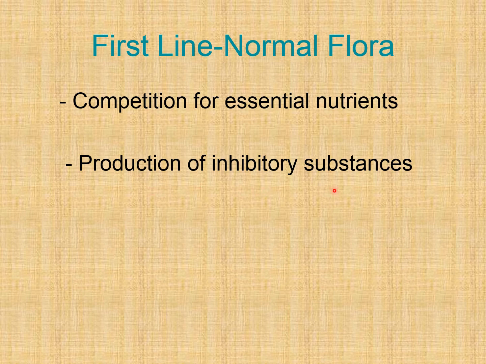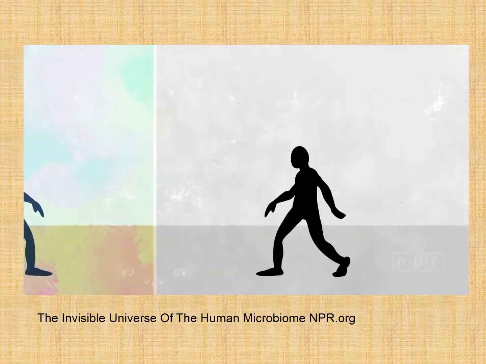Like we have seen in the last slide, they produce specific chemicals called bacteriocins which kill the other bacteria. So with the help of both these features, they are able to reduce the number of pathogens and eliminate them. Now let's have a look at how the normal flora provides immunity.